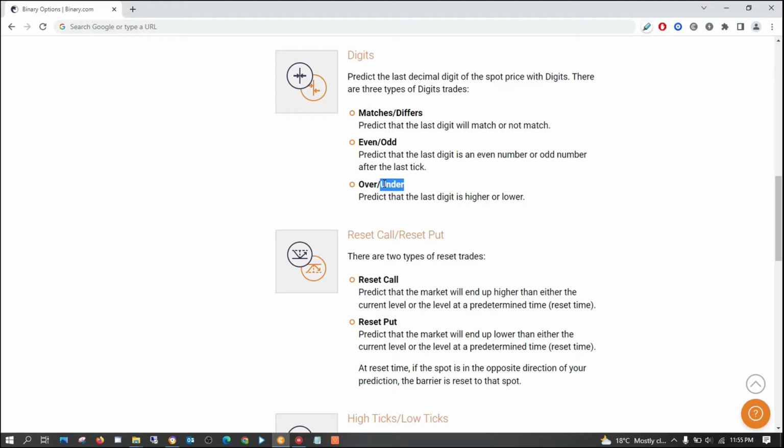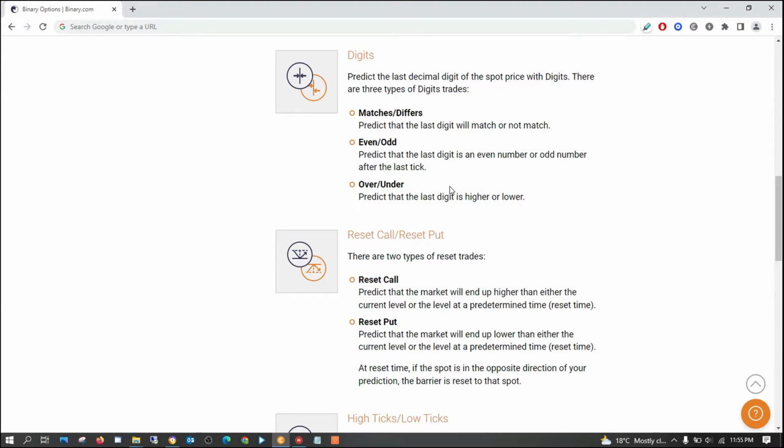At the same time, you can predict that the last tick will be under 5, which is 0, 1, 2, 3 and 4, then you win your stake. If it goes over 5, you lose your stake.